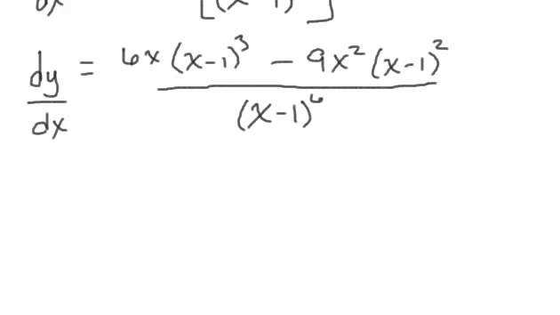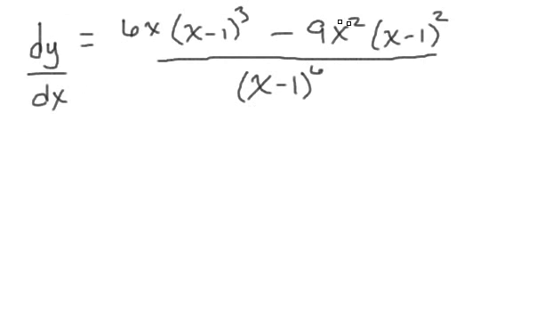Now what I'm going to do, which I haven't really done much in previous videos, and you do a lot of in calculus, is factor this thing as much as we can. We have an x squared, we have an x minus 1. This is something you really got to get down.